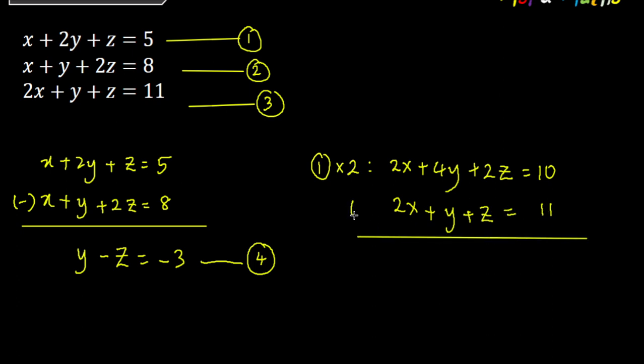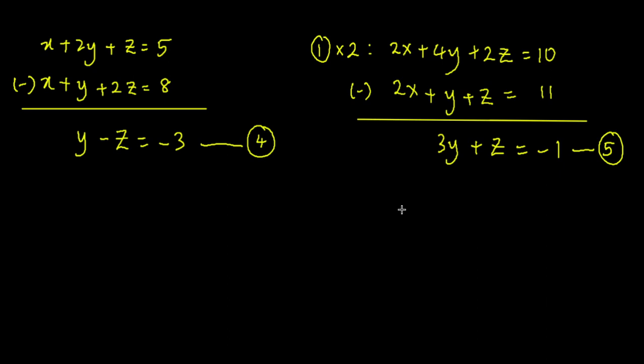Minus, because these two are common already, so we just minus. Okay, 4y minus y is 3y. 2z minus z is z. Yay! 10 minus 11 is negative 1. So this is your equation number 5. Okay?